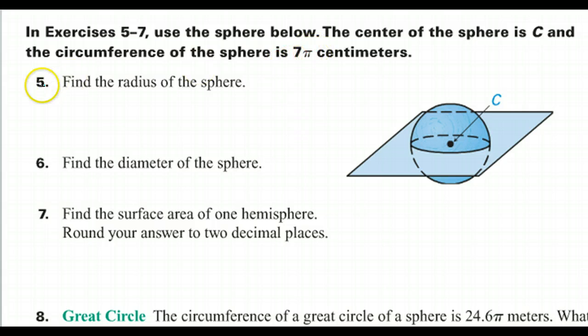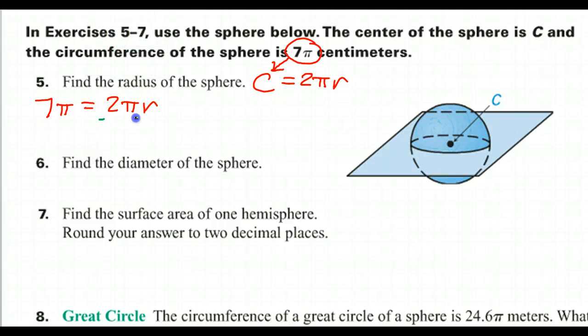So if they give us the circumference, then let's go ahead and remember that the circumference is equal to 2 pi times the radius. So if the circumference is 7 pi, we will just take that 7 pi and substitute it in. So that's going to give us 7 pi equals 2 pi radius.